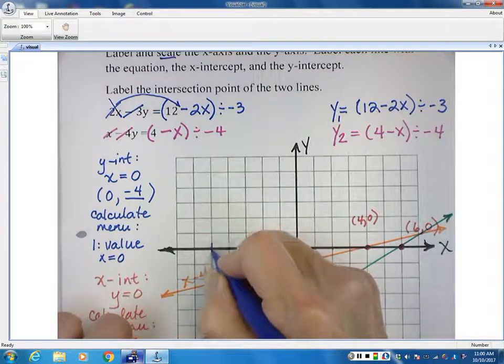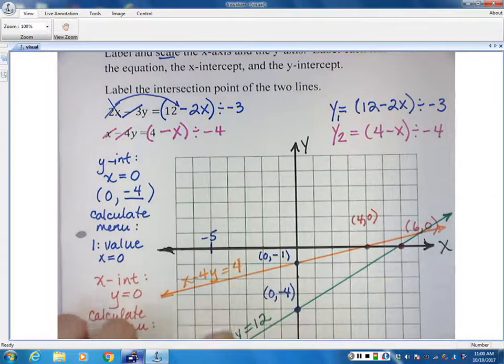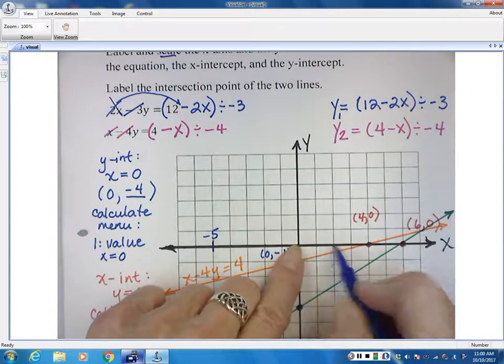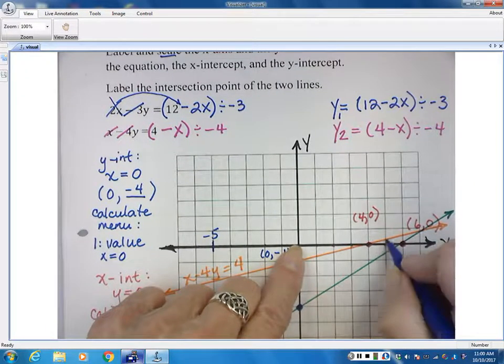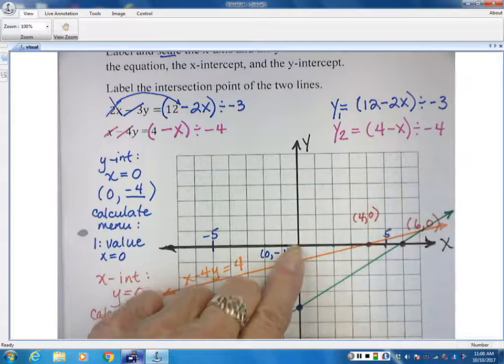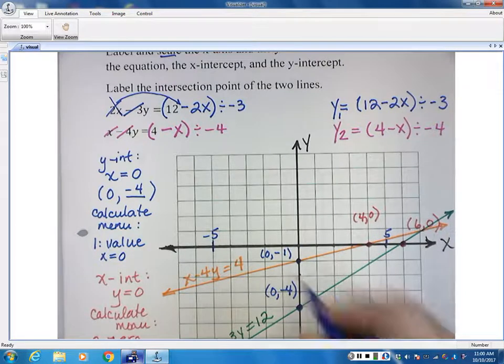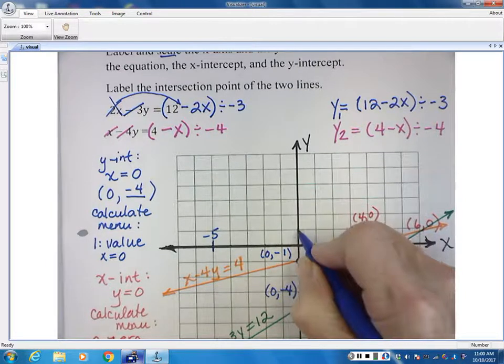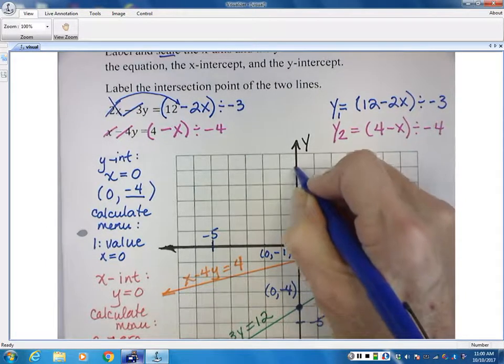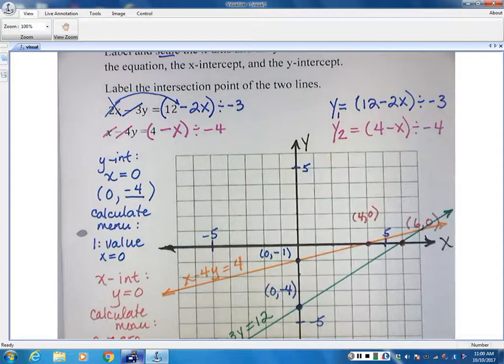And I only mark -5. I don't have to have all those numbers on there. That gets cluttered after a while. And then here, 1, 2, 3, 4, 5. So that's +5. And then 1, 2, 3, 4, 5, -5. 1, 2, 3, 4, 5, +5. So that's scaling the axis.